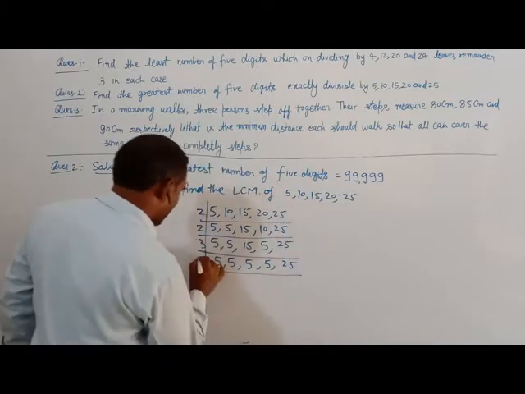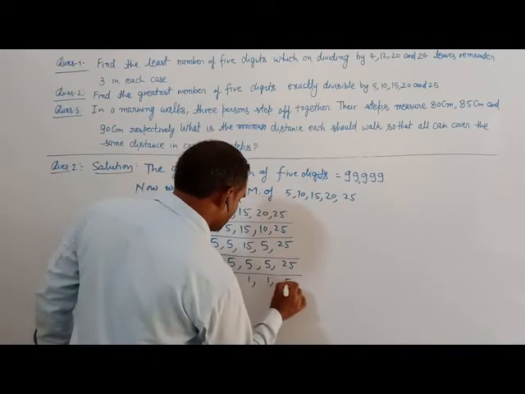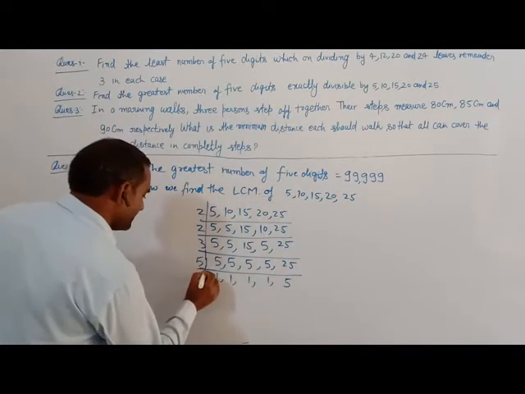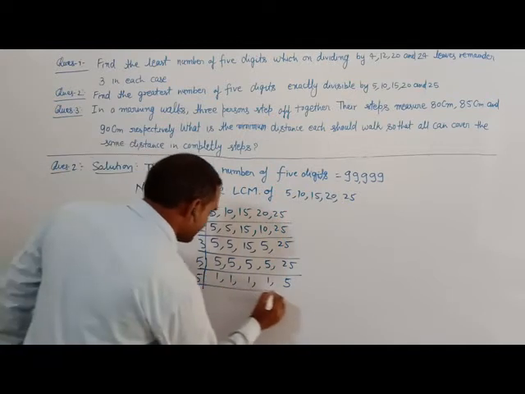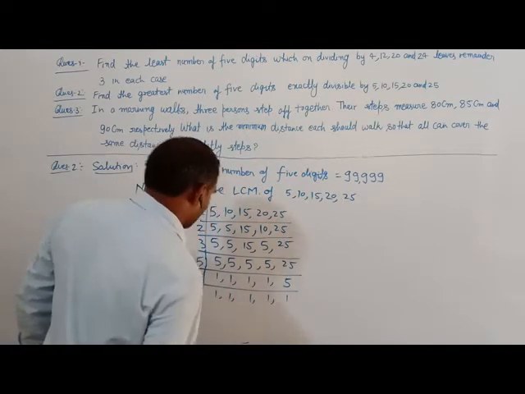Now we divide by 5: 5 1s are 5, 5 1s are 5, 5 5s are 25. Now we divide by 5 again: 1, 1, 1, 1, and 5 1s are 5.